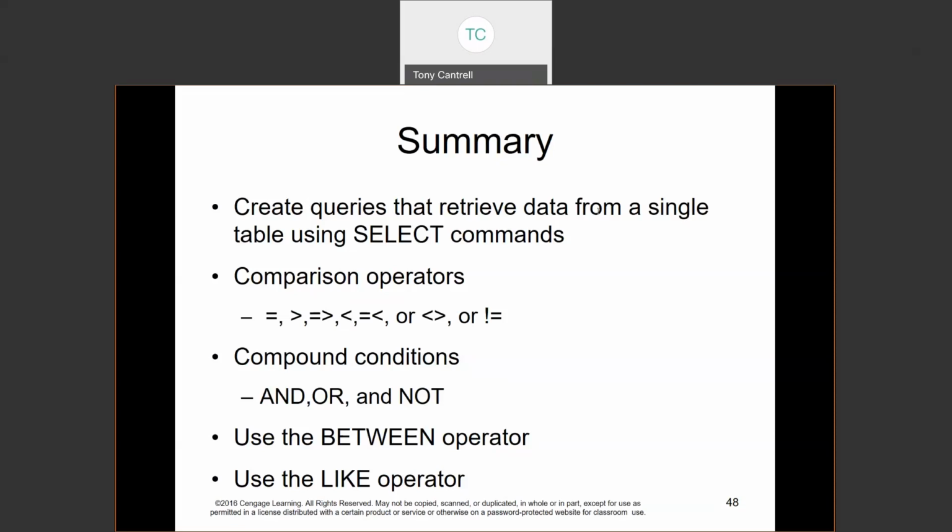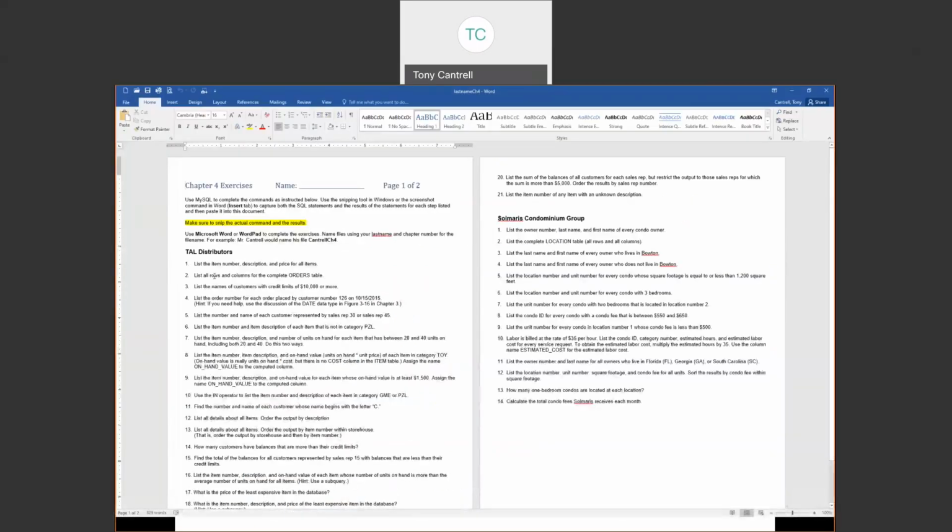Here's the lab sheet. This is what you do on them. It says list all the item numbers, descriptions, and prices for all items. That's in the items table, and it wants you to just do the item number, description, and the price. So you'd go into MySQL and say SELECT item_num, description, price FROM items.